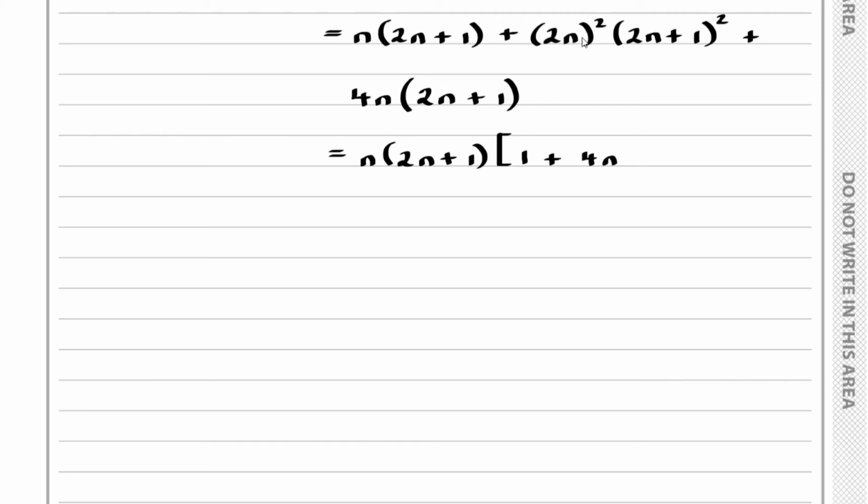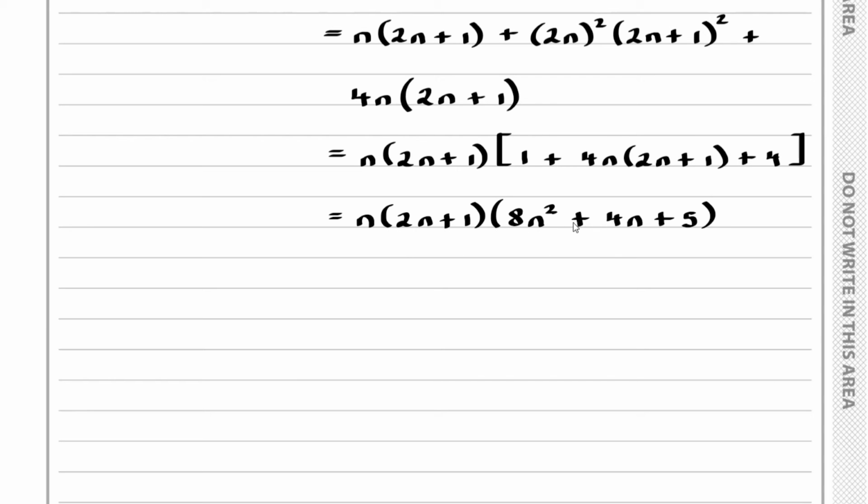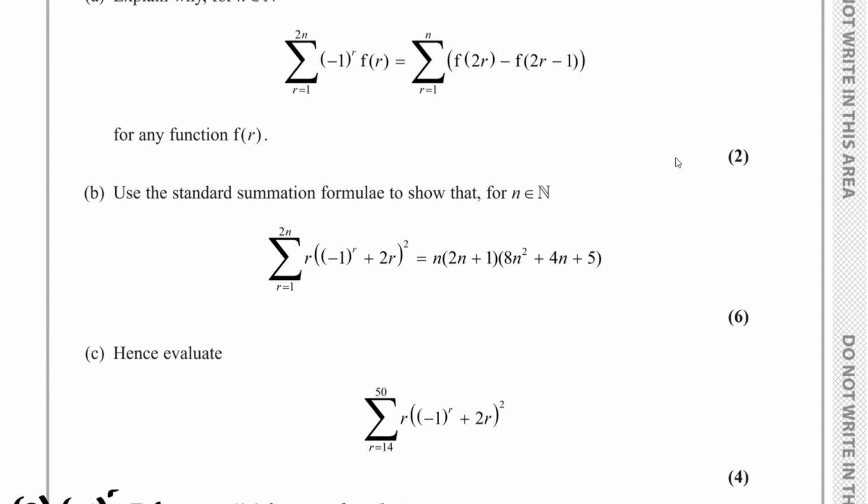Then I've got the 4n, and the reason for that is because 2n all squared is 4n squared, and I've already factorized out an n, leaving me with just the 4n, and I multiply that by 2n plus 1, and then I add on 4, because 4 times by n times by 2n plus 1 gives the 4 times by the 2n plus 1. So I've got n times by 2n plus 1 multiplied by 8n squared plus 4n plus 5, and that's the result I wanted to show.